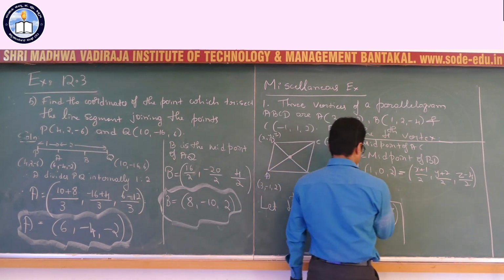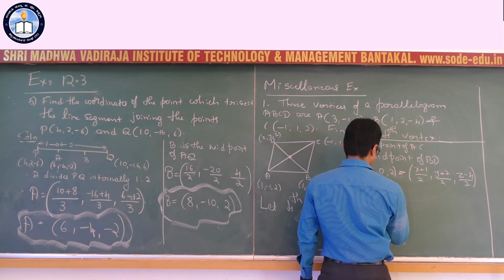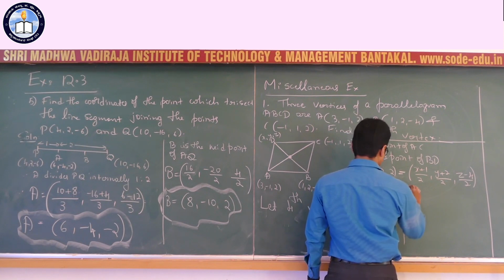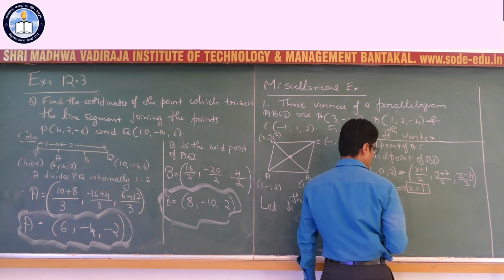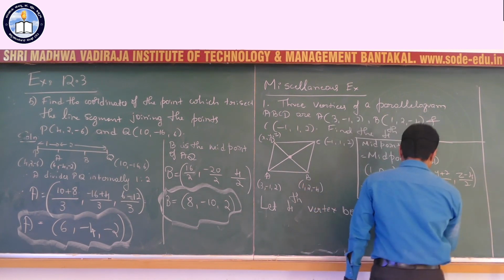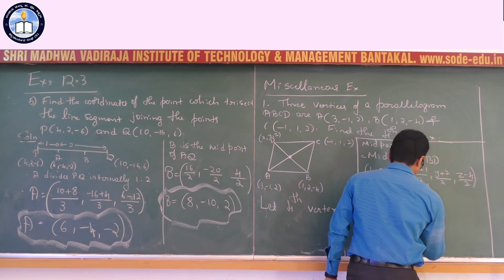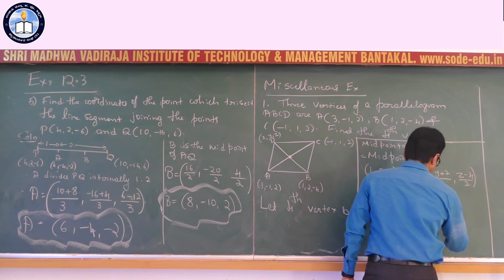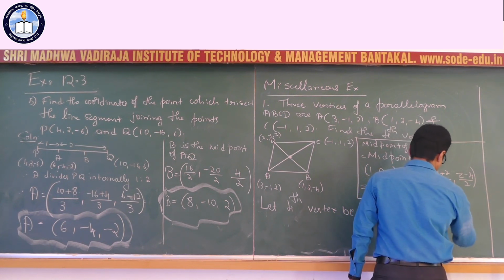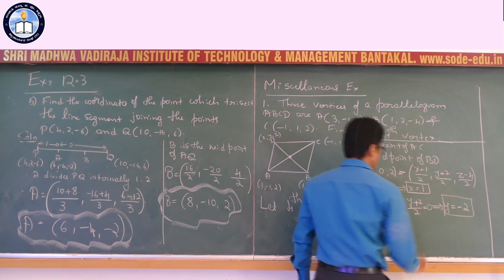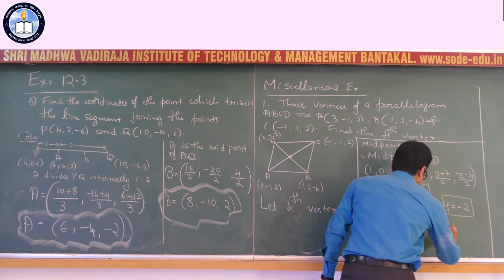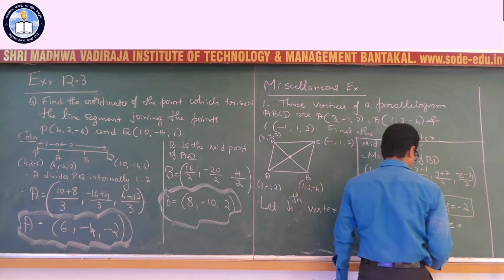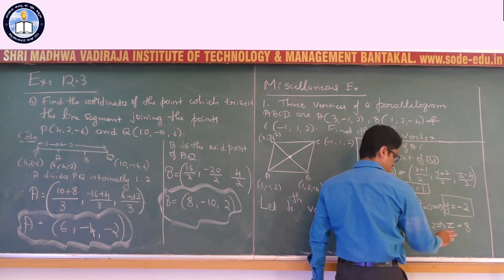So this implies x plus 1 by 2 is equal to 1, so x is equal to 2 minus 1, that is 1. Next, equate the y coordinate. y plus 2 by 2 equal to 0, so y is equal to minus 2. Last one, z minus 4 by 2 equal to 2, so z is equal to 8, since 4 plus 4.